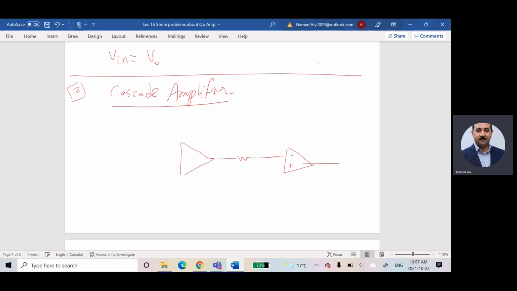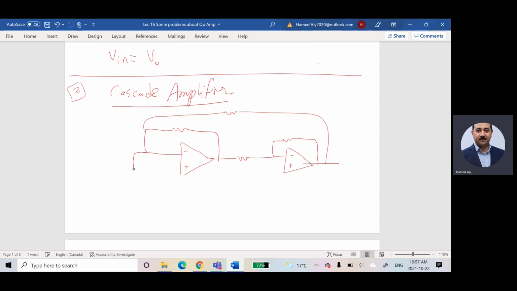This is negative, this is positive, this is positive, this is negative, and we have here a resistor, and another resistor, which is the feedback resistor for the second operational amplifier.